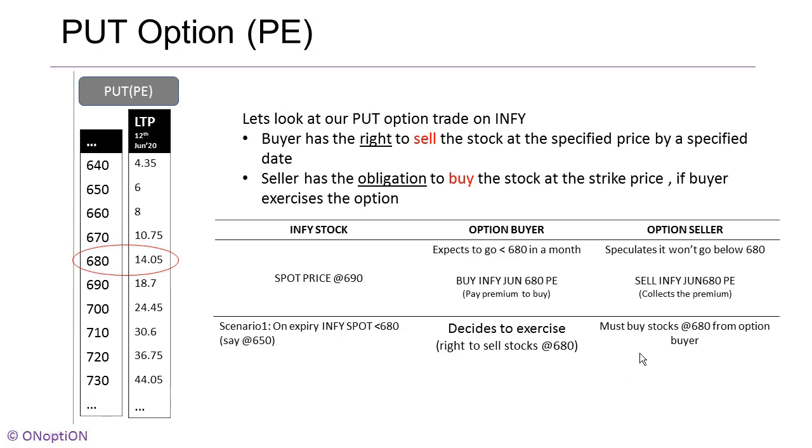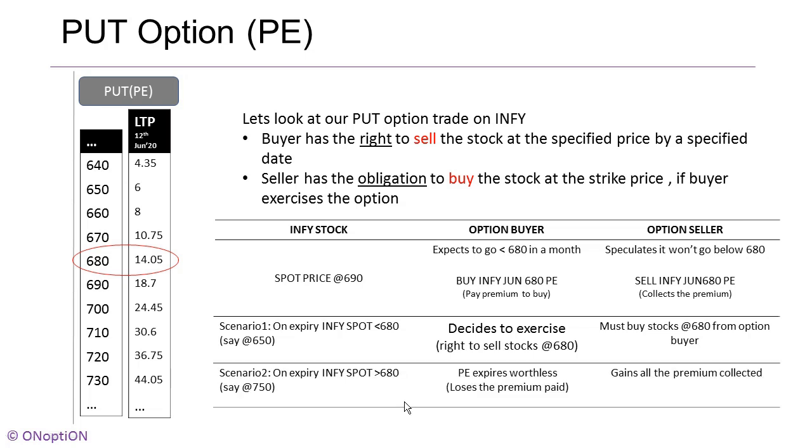The option seller has the obligation to buy Infosys stocks at 680 from the option buyer, even though the current price is 650, which is lower than the agreed price. The option seller must buy these Infosys stocks from the option buyer at 680 rupees. That is the loss to the option seller because he is buying at a higher price than the current market price.